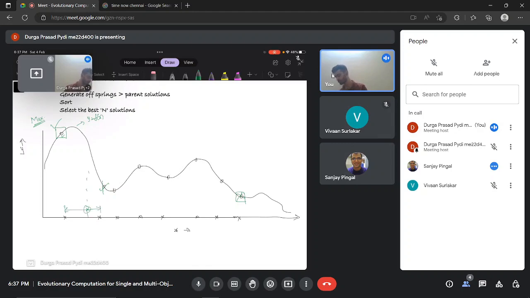So your next generation solution will come over here. This particular point has moved over here. Mutation, if you think of it graphically, is more like taking this particular value and going to some other location, say this particular location. You're just spanning the entire space.